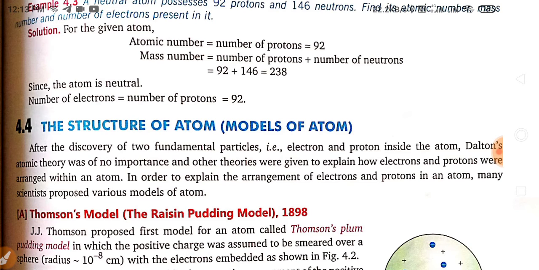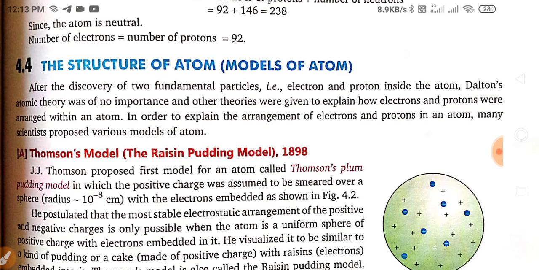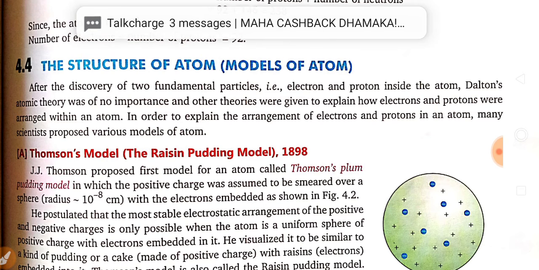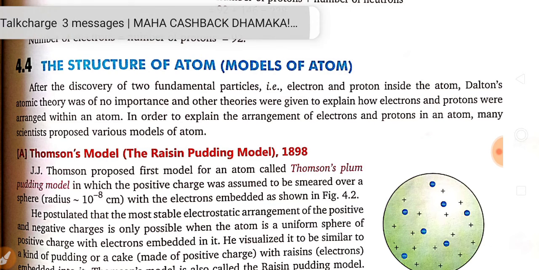After the discovery of two fundamental particles, electron and protons, inside the atom, Dalton's atomic theory was of no importance, and other theories were given to explain how electrons and protons were arranged within an atom. Many scientists proposed various models of atoms to explain this arrangement.